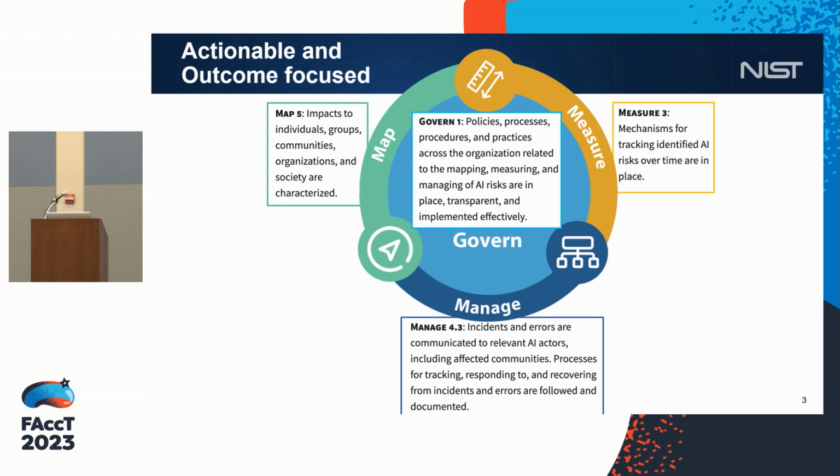It lays out the outcome that needs to be achieved, but is not prescriptive about the mechanisms and methods to get there. Having said that, the playbook for the AI RMF provides many suggested actions on how to achieve this outcome-focused guidance.